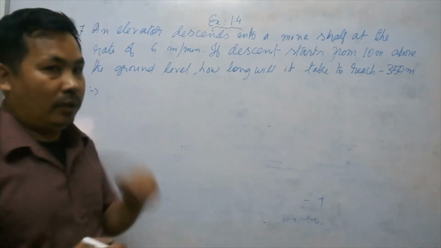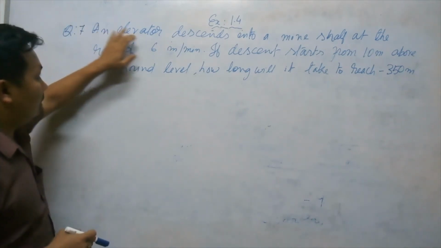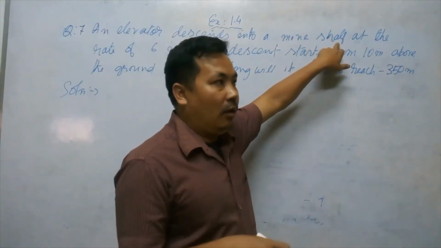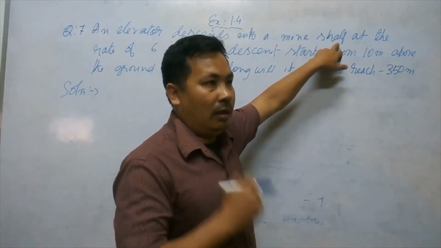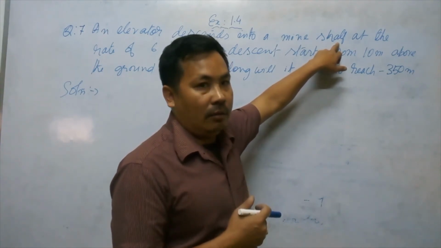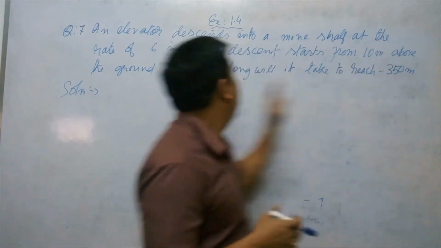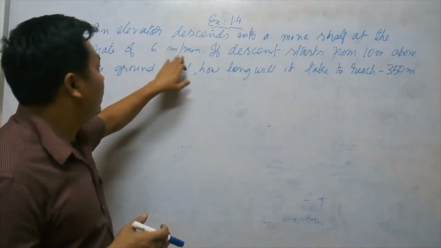In question number 7, what is asked? An elevator descends into a mine shaft, where minerals are dug out. That is called a mine, isn't it? The elevator descends at the rate of 6 meters per minute.